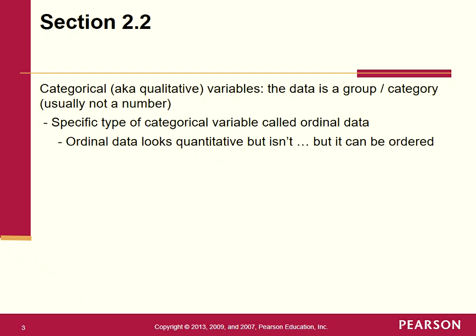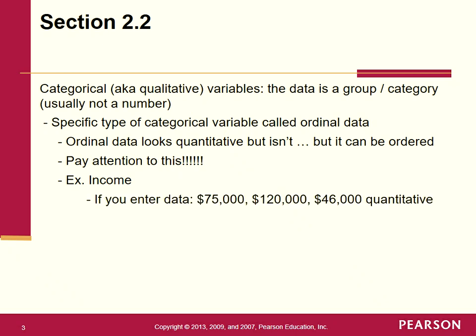I want to bring up something because you are going to be doing a project later on in Intro 2, and sometimes teams get into some issues. Let me show you. Pay attention to this one. Let's say income. Let's say you ask someone their income. If you enter the data as 75,000, 120,000, 46,000, that would be a quantitative variable.